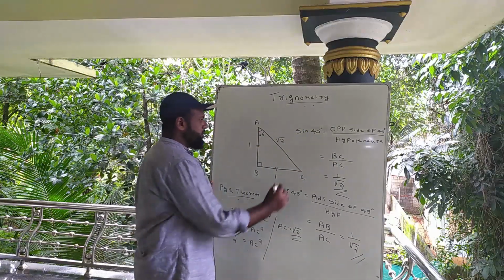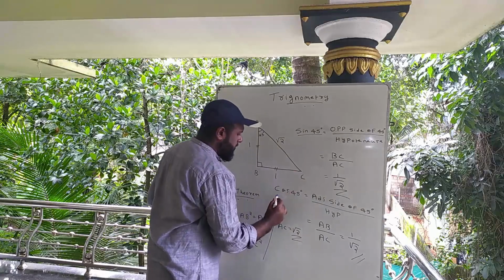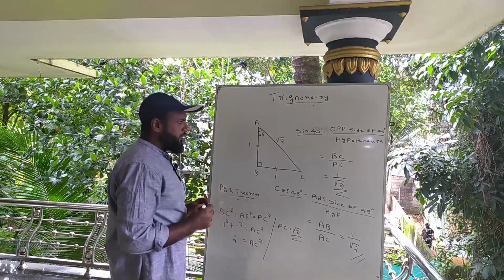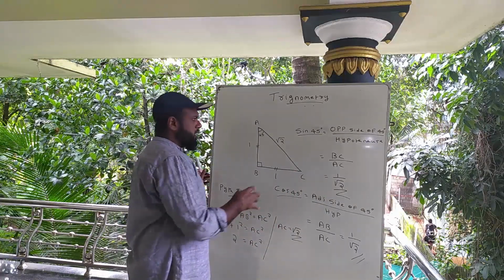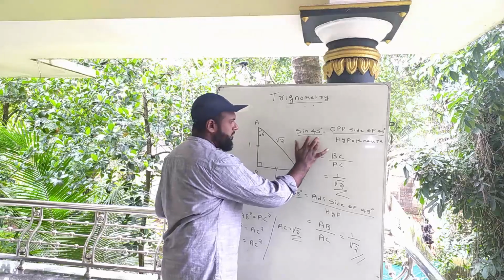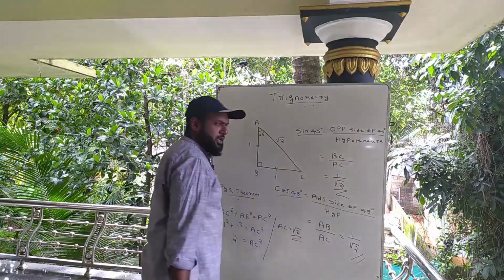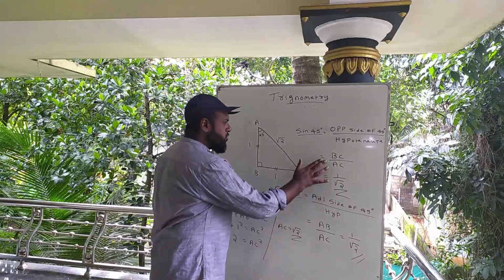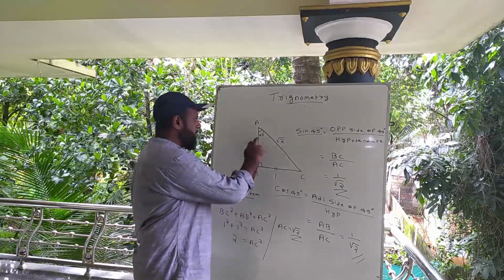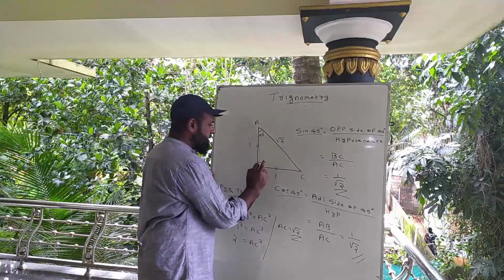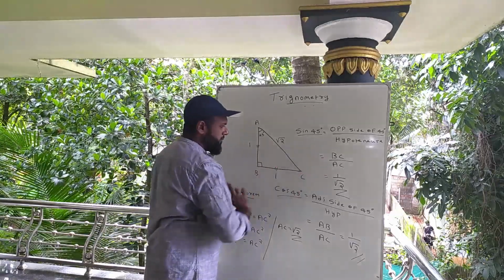Here we got sine 45 and cos 45. I will explain once more. Sine 45 is the ratio of the opposite side of 45 degree divided by the hypotenuse, equal to, the opposite side of 45 degree is BC, that is 1.